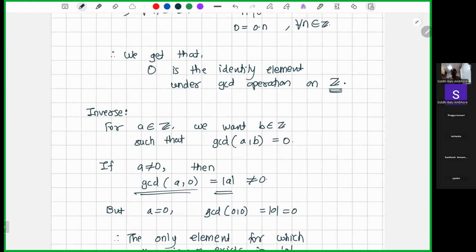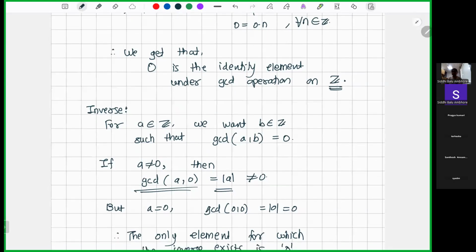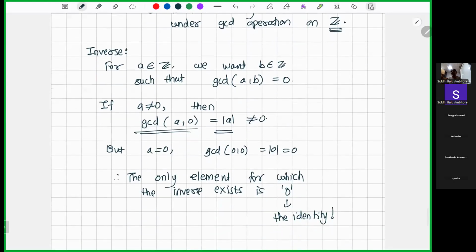But the moment we make our set bigger, and look at the set of integers, which includes both positive and negative integers and 0, we got that 0 becomes the identity under the GCD operation. However, it does not give us inverses. Inverse does not exist for any non-zero integer. Only 0, the identity element, has the inverse under the GCD operation.